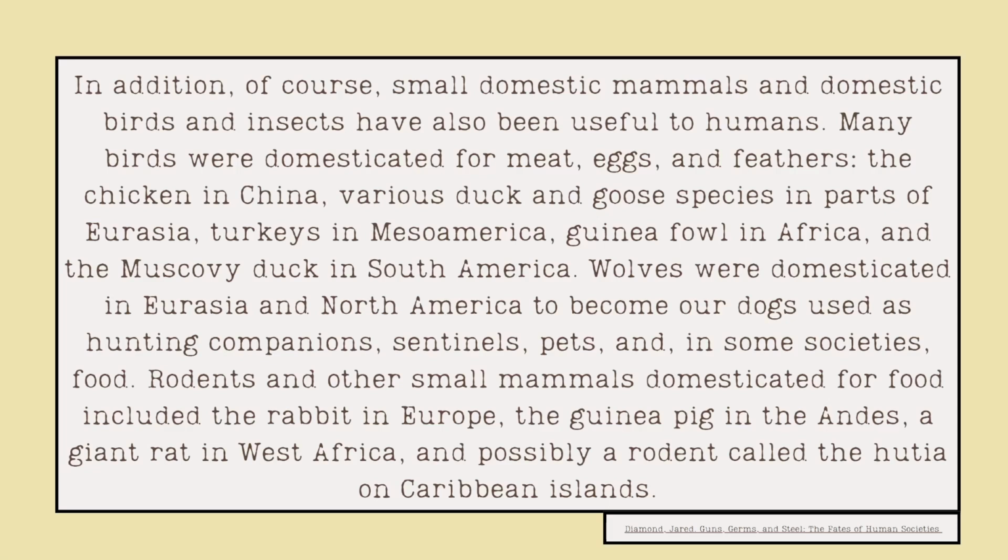Wolves were domesticated in Eurasia and North America to become our dogs, used as hunting companions, sentinels, pets, and in some societies, food. Rodents and other small mammals domesticated for food included rabbit in Europe, guinea pig in the Andes, a giant rat in West Africa, and possibly a rodent called the hutia in Caribbean islands.